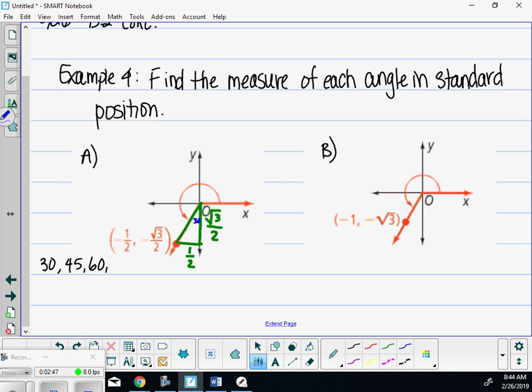They're both over 2. Which one is smaller, 1 or square root of 3? 1 is smaller. Square root of 3 is larger, because if this was square root of 1, it would be just 1. Anything bigger than that is going to give you a number larger than 1. So because 1/2 is smaller, we know that this has to be a 30, that has to be a 60.